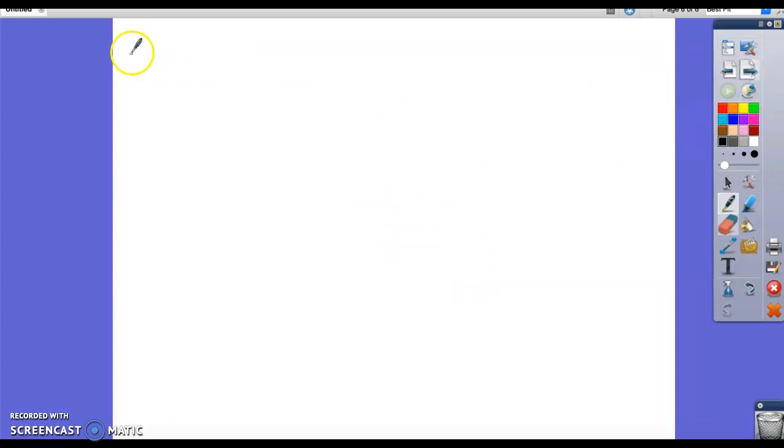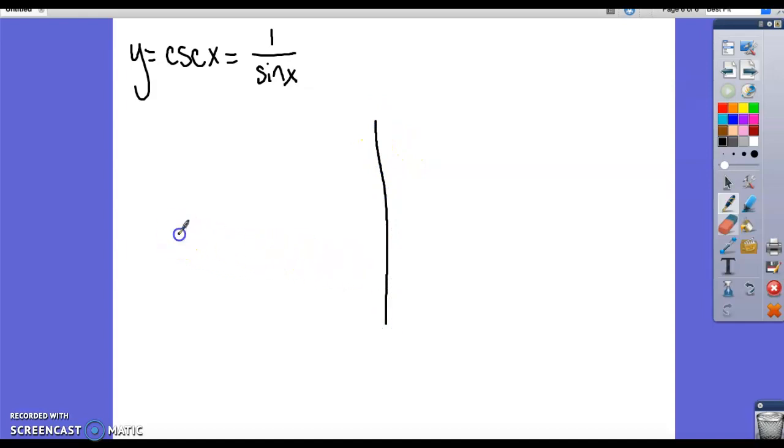Okay, so we're going to start by looking at the graph of cosecant of x, or cosecant of theta, keeping in mind that this is equivalent to 1 over the sine of x. All right, and so to graph cosecant, we're actually going to start by graphing our sine function.